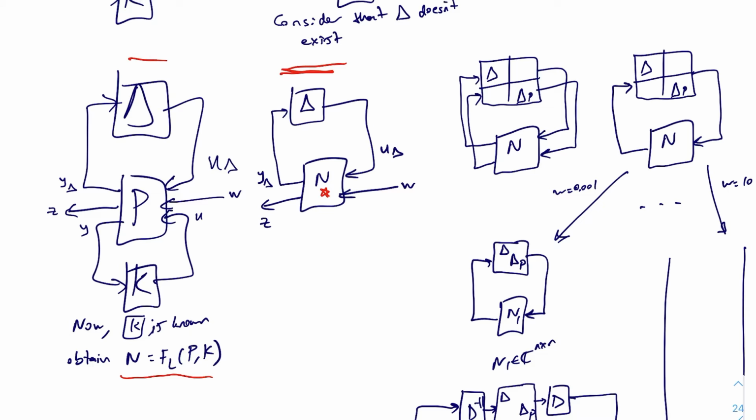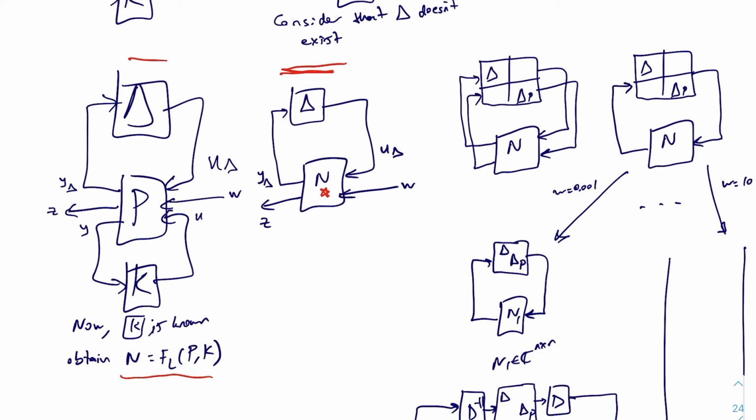Here we are going to look at the problem, and since we are trying to minimize the gain from W to Z, and minimization from W to Z is a performance problem, we are going to take a different approach in the DK iteration. What DK iteration suggests is that you are trying to find a delta such that the gain from W to Z is minimized.